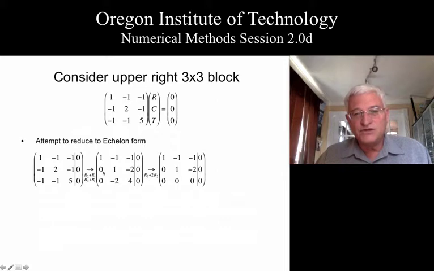And we continue to try to get it into echelon form, and look what happened. We got there, but we ended up with a 0 in this location. And that is going to be a problem because that also brings with it an entire row of zeros. The rank of a system is going to be equal to the number of non-zero rows.